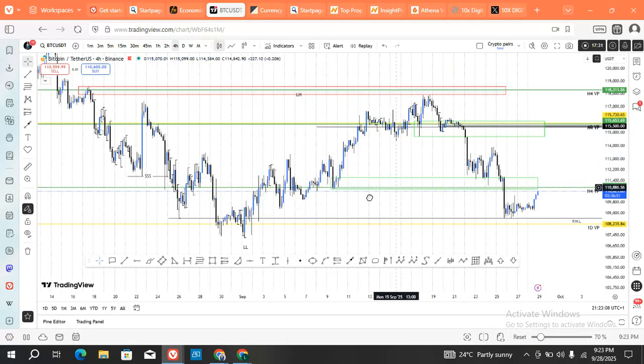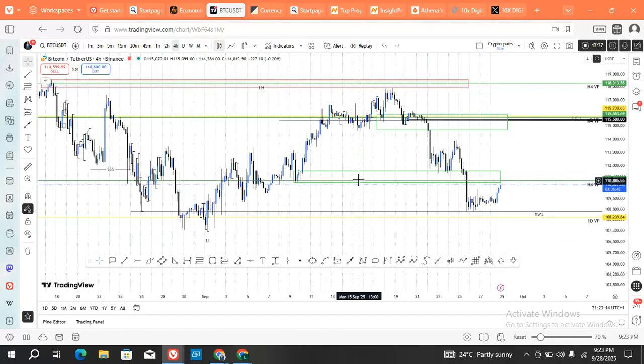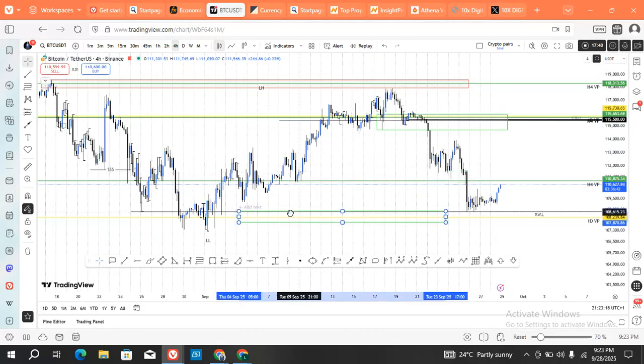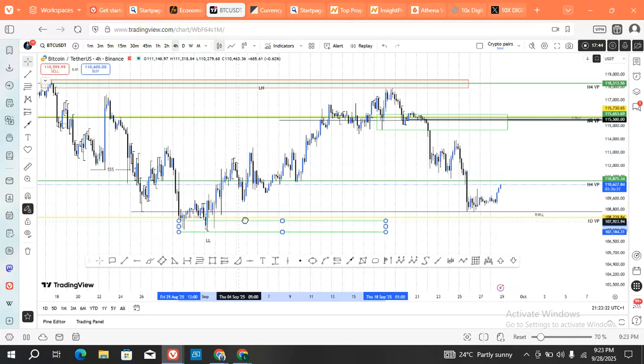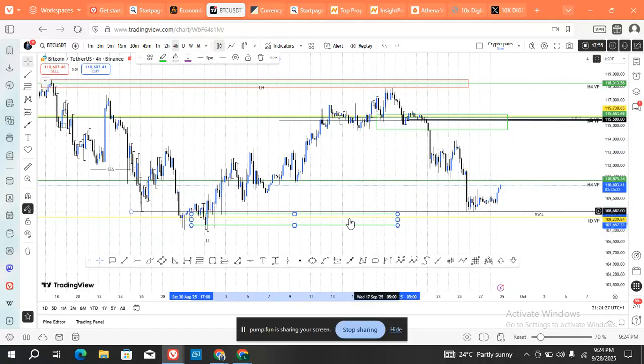We'll mark out the 4 hour demand all the way down here for Bitcoin. We're going to mark out the demand zone for Bitcoin all the way here. This is the lowest low for Bitcoin over here.